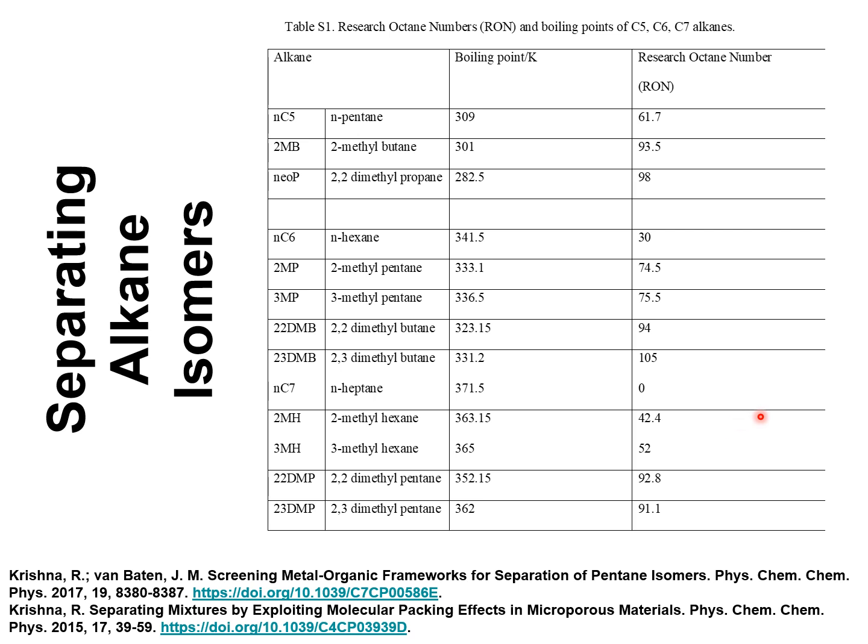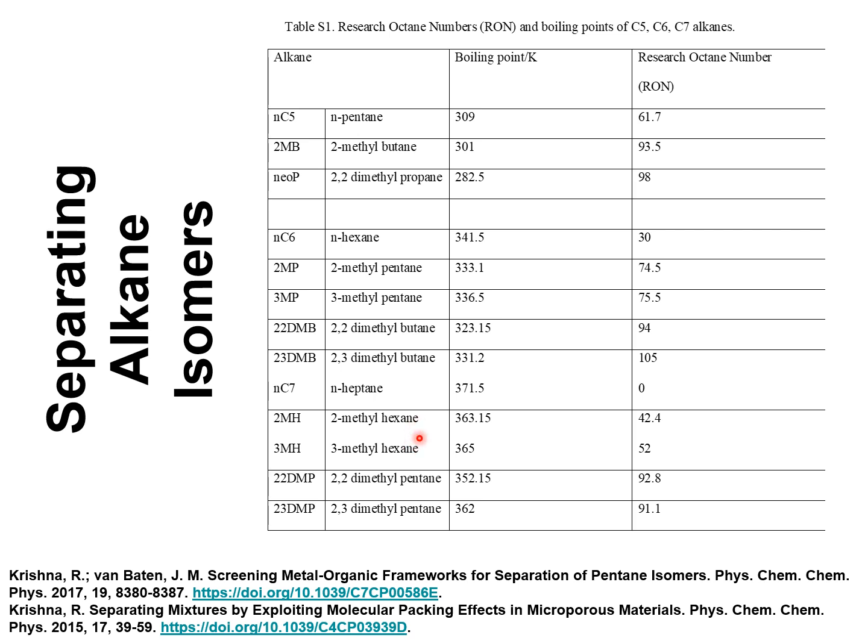Therefore, there is an industrial need to separate the isomers of C5, C6, and C7 alkane to yield three different fractions: linear, monobranched, and di-branched.